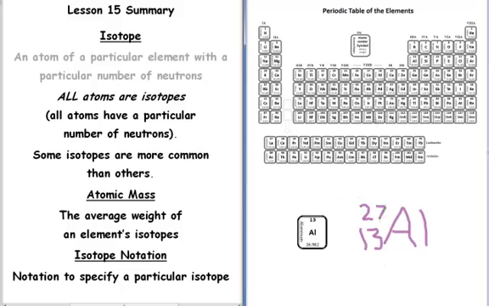So you'll notice that I put a 13 on the bottom on the left, copying the atomic number, and I put a 27 up here. That is representing the mass number. The mass number tells us how many protons plus neutrons.